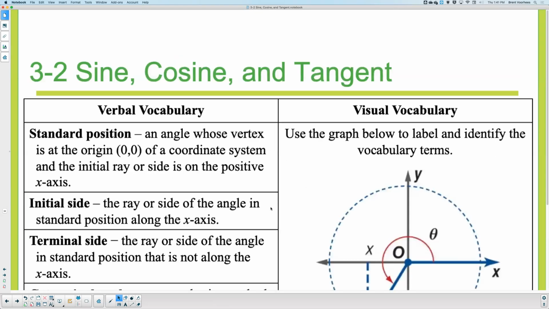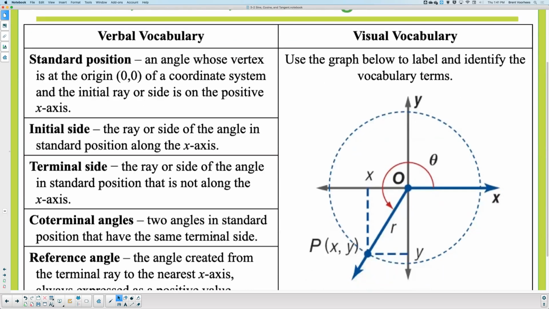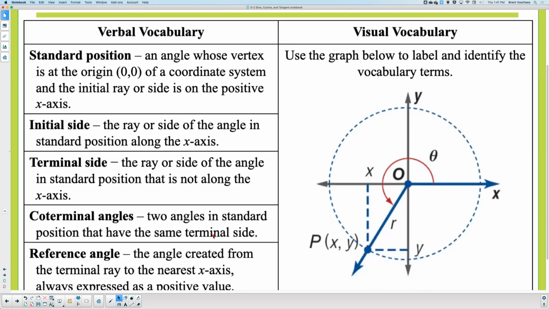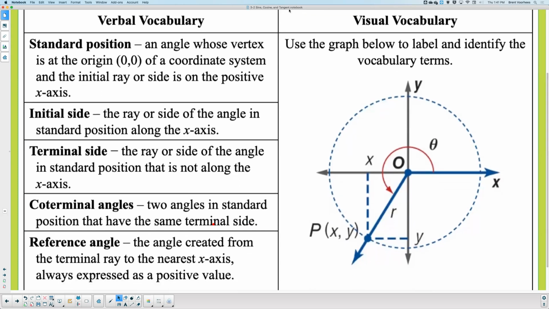Here is some vocabulary that's important to process through and talk about. Let me scroll through here so we can see it all. So first, the words you see here, standard position. In standard position, angles are going to start on the positive x-axis.